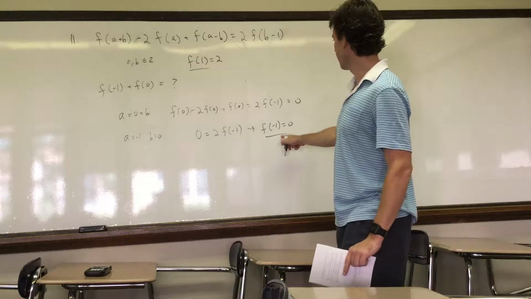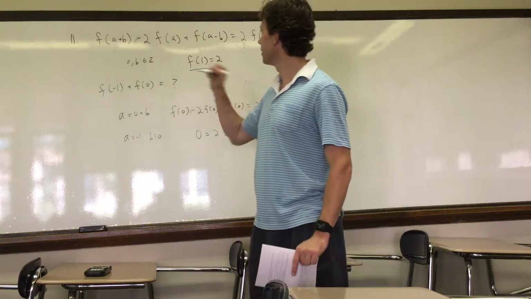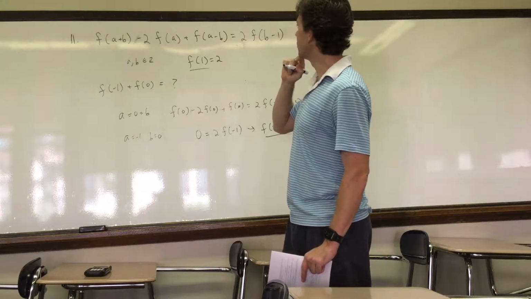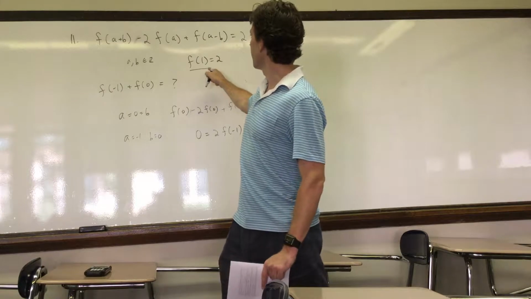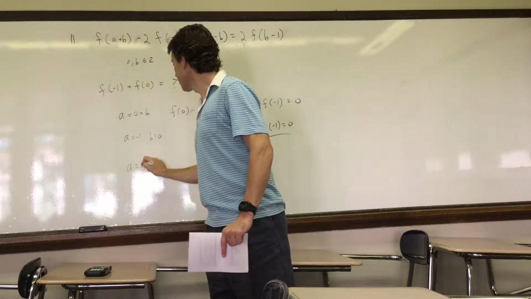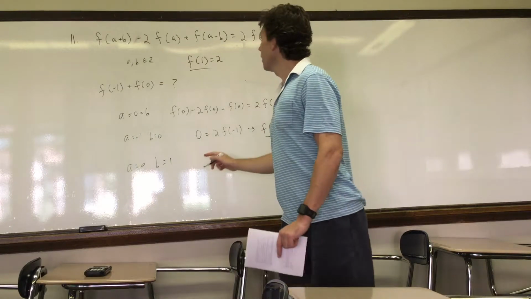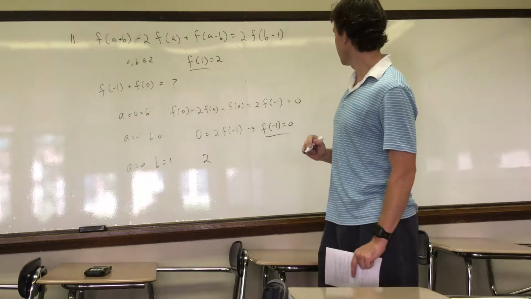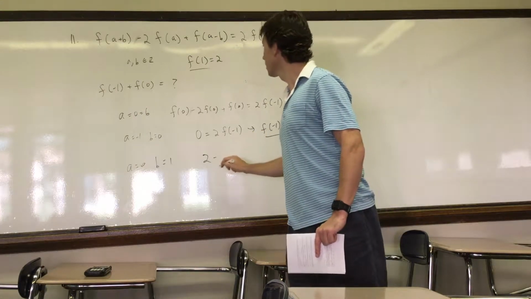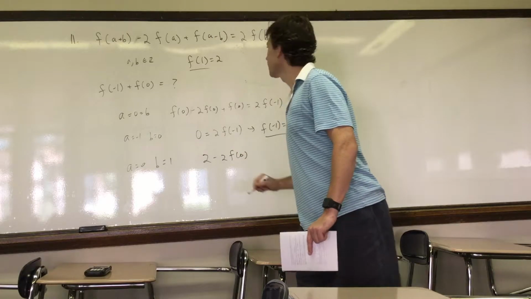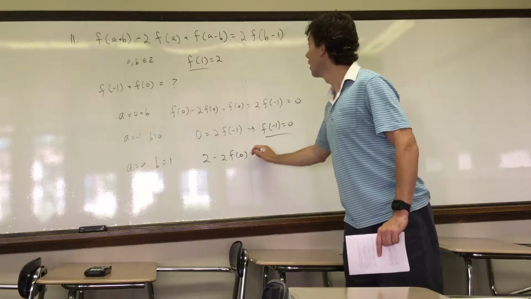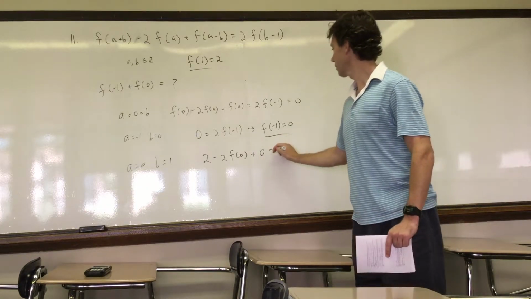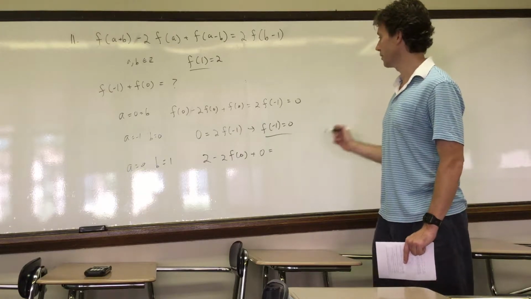Okay, so we know that f(-1) is 0, so all we need to know is f(0). Let's see what happens if we put b equals 1 and a equals 0. I'm going to have f(1), which is 2, minus 2 times f(0), plus f(-1), which is 0, equals 2 times f(0).